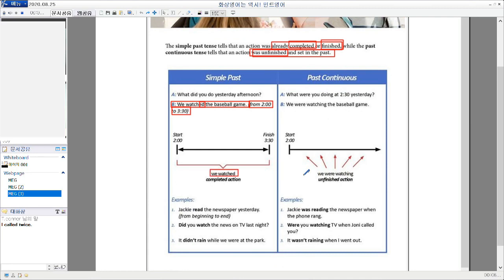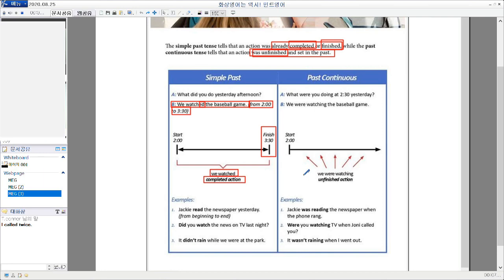We watched is a completed action. So what time did it end? 3:30. So it's already over. The baseball game is done. So we use the simple past.